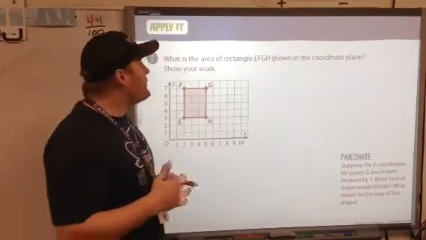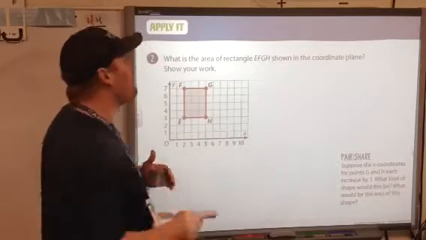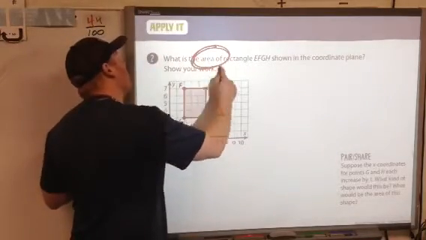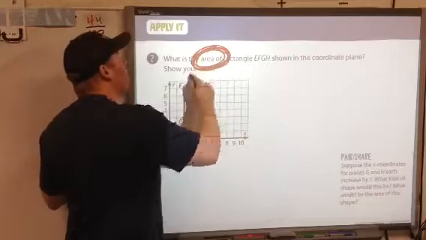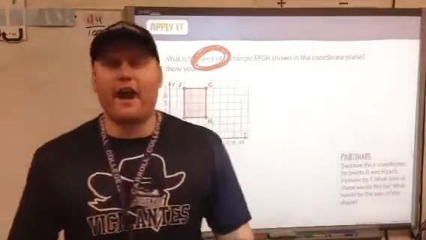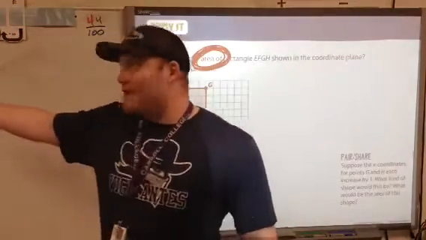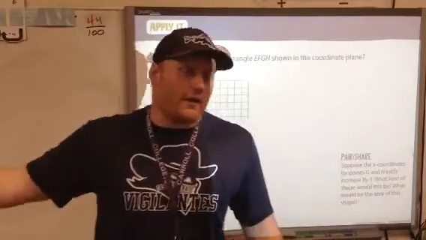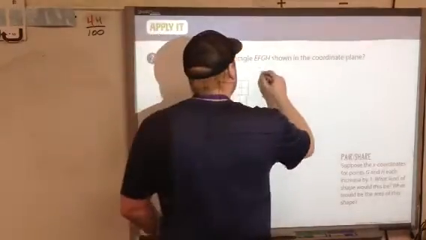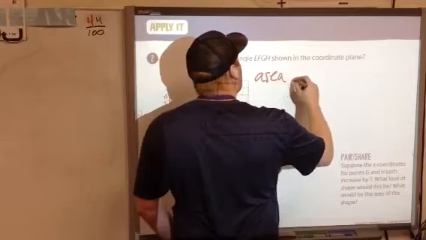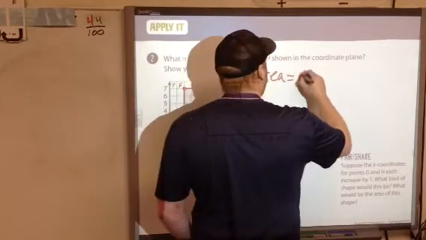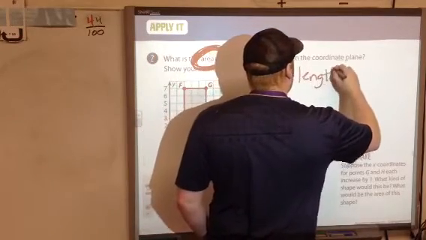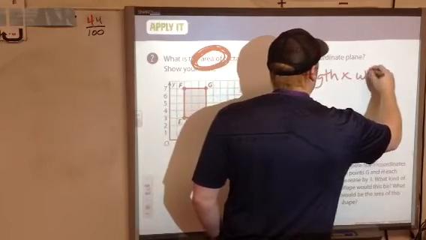Okay? All right, so key term in this problem is, what is the area? Area. Okay, you guys know how to find area, and I still have it written in the corner of my whiteboard. It's been there all year, guys. But just as a reminder, area is found by multiplying length times width.